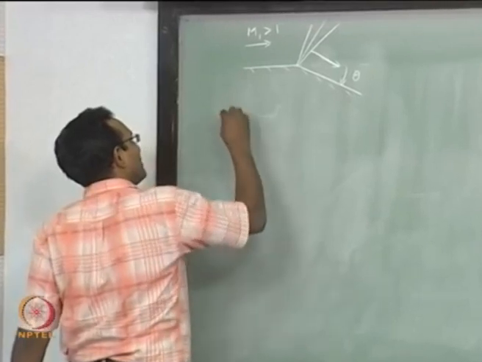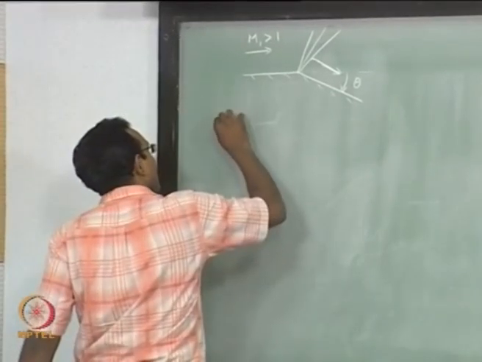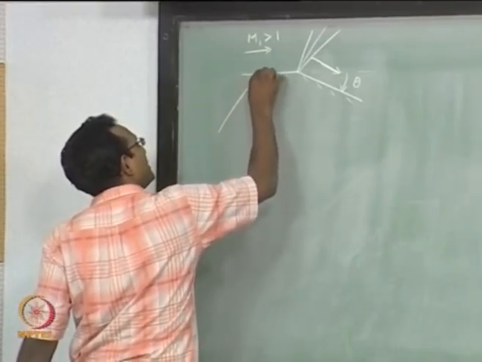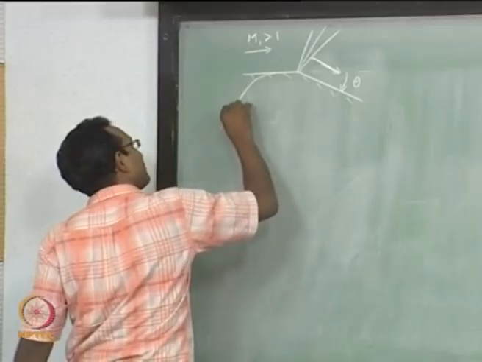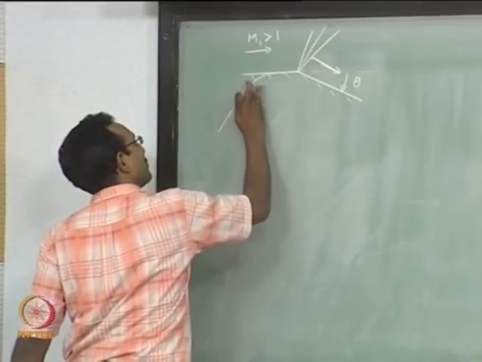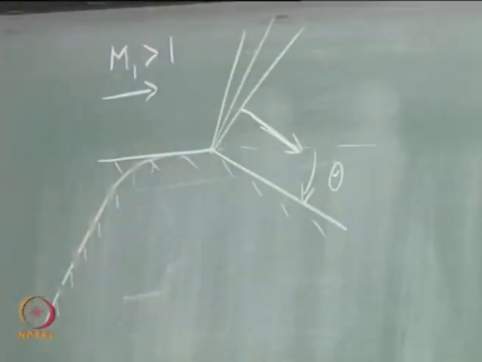But to think about the physical feel, I am going to imagine I have some other direction here. I am going to imagine a wall like this, and I will put a dashed line for this wall because it is my imaginary wall. It is not really there in my flow field. The actual wall is something like this, let us say.